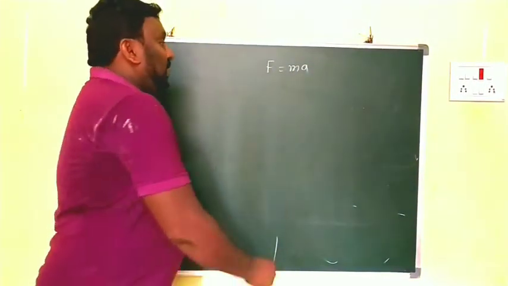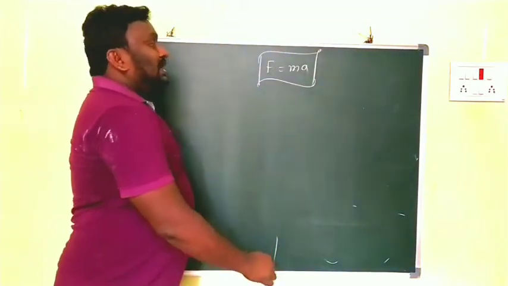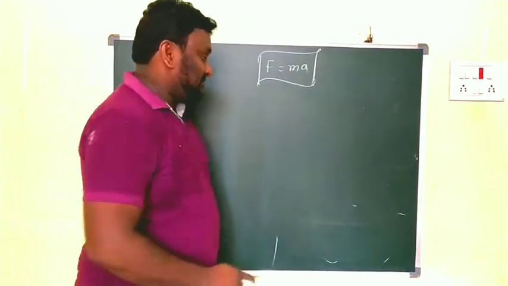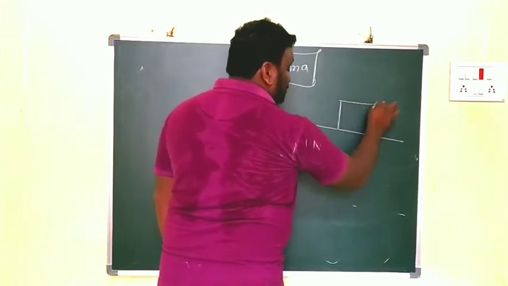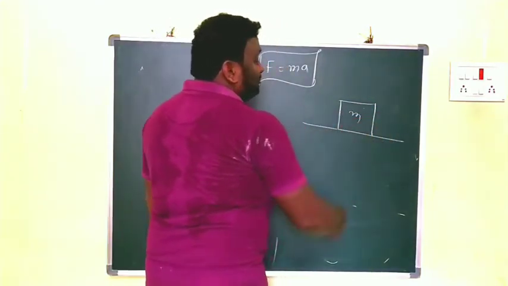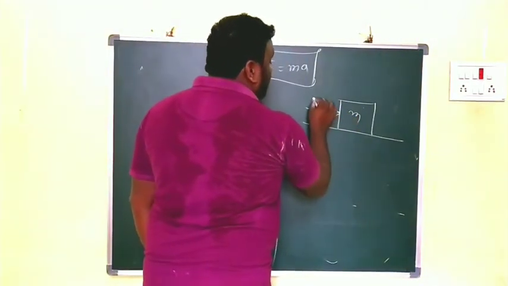Clear? We have this equation. When we have F is equal to ma, I am saying now, this is the body, a body of mass m. On that body we are not applying any force.